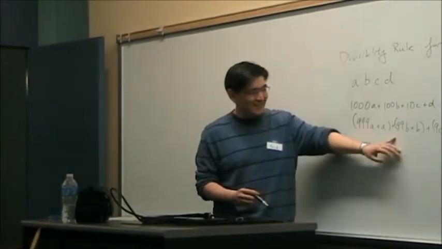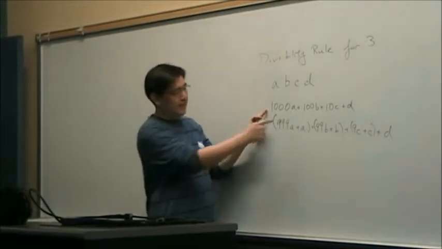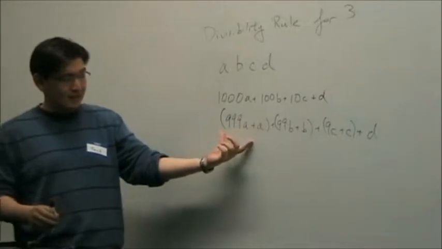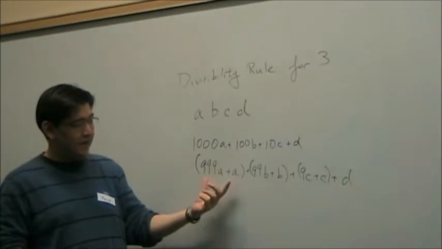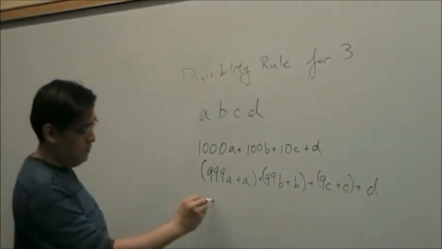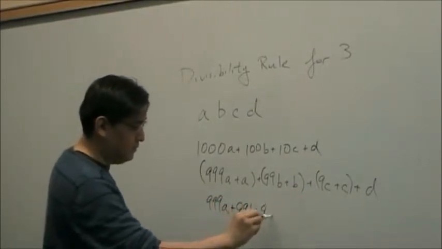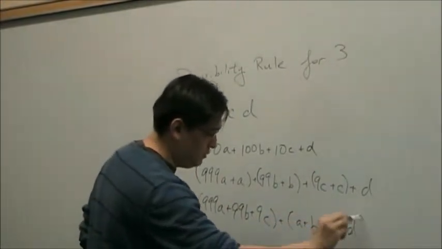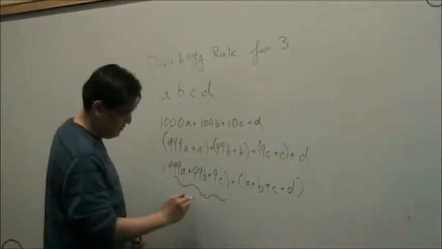So let's go slightly back. I completely agree. You can take this apart, and this is a fairly simple taking apart: 1000A, 100B, 10C, and D. And I think this is actually fairly slick. This is not something I would have seen immediately, to take this apart to 999A plus A, 99B plus B, 9C plus C, and D. So your suggestion was that if I were to group it this way, then I know that this part is divisible by 3.